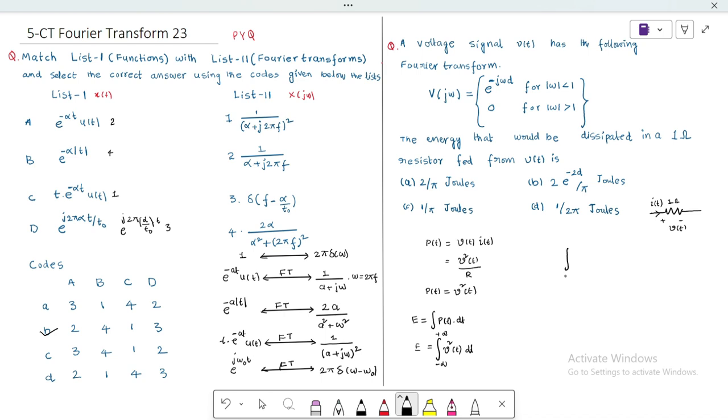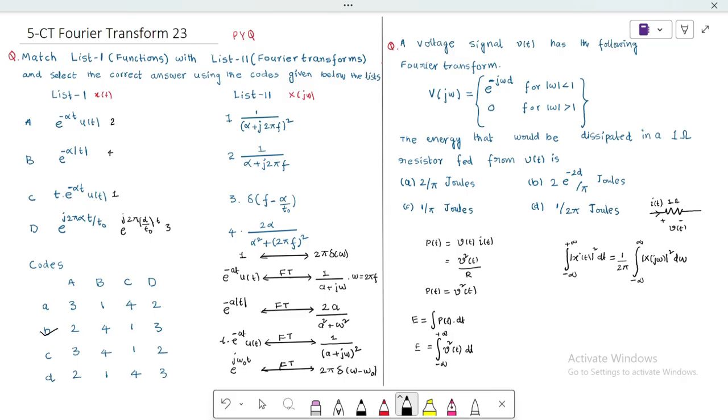The integral from minus infinity to plus infinity of the energy relation: the integral of |x(t)|^2 dt equals 1 by 2 pi times the integral from minus infinity to plus infinity of |X(j omega)|^2 d omega.